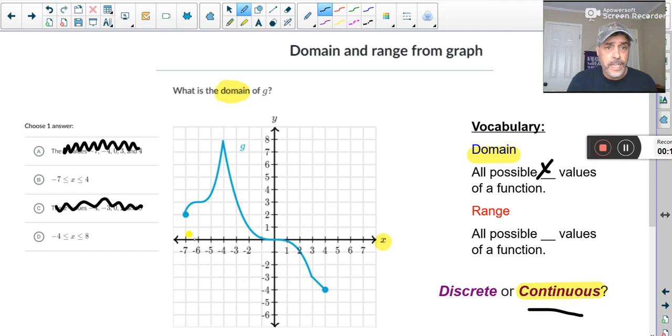So I'm coming over here on the x-axis and I'm thinking, okay, it starts here at -7, and then I've got a bunch of x values that keep going until it stops right here at 4. So I'm expecting to see something that says -7 is less than or equal to all of my x values. All of my x values are less than or equal to 4. So I'm looking up here, oh, and there it is, choice B.